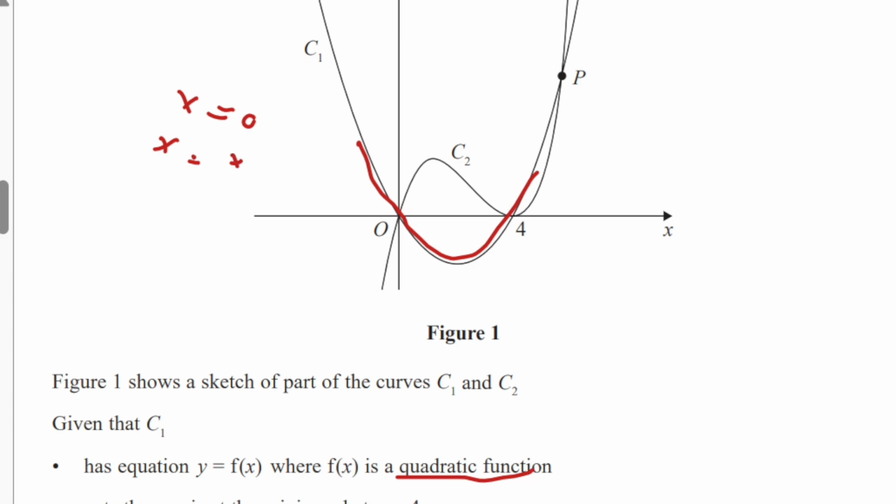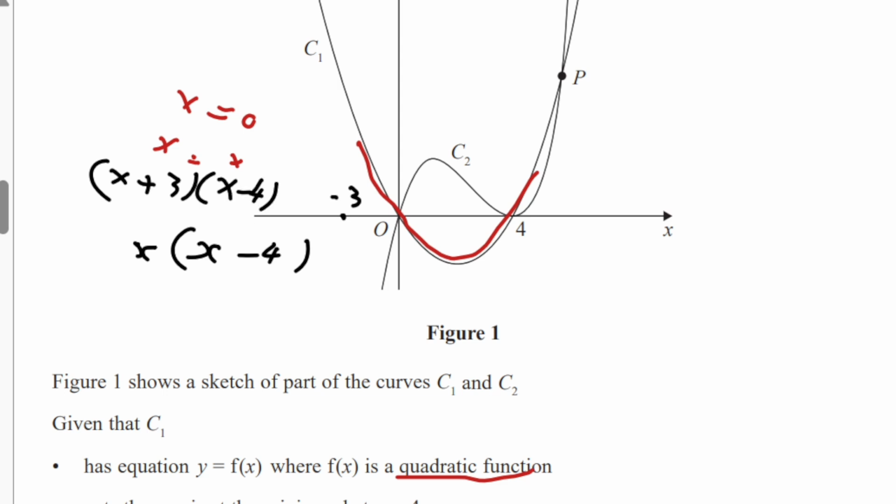It will help me to know it looks like x and x minus 4. Because imagine if it was cutting the x-axis at minus 3, for example, we would have said it's x plus 3 and x minus 4. Because it's 0, it's just x and x minus 4.